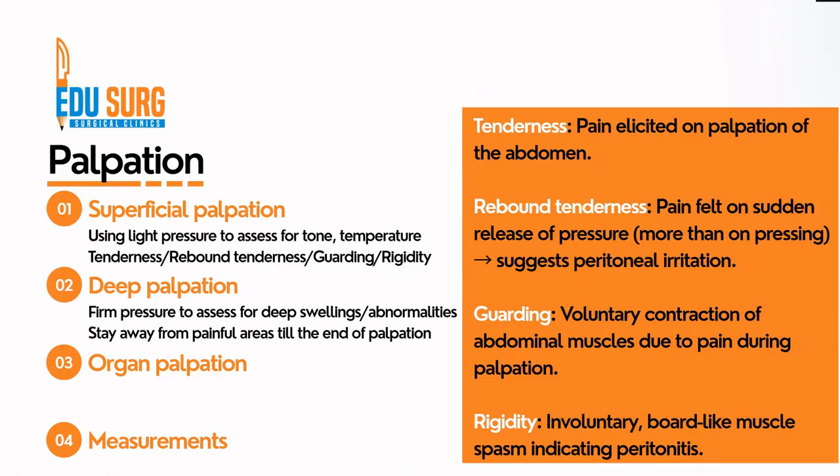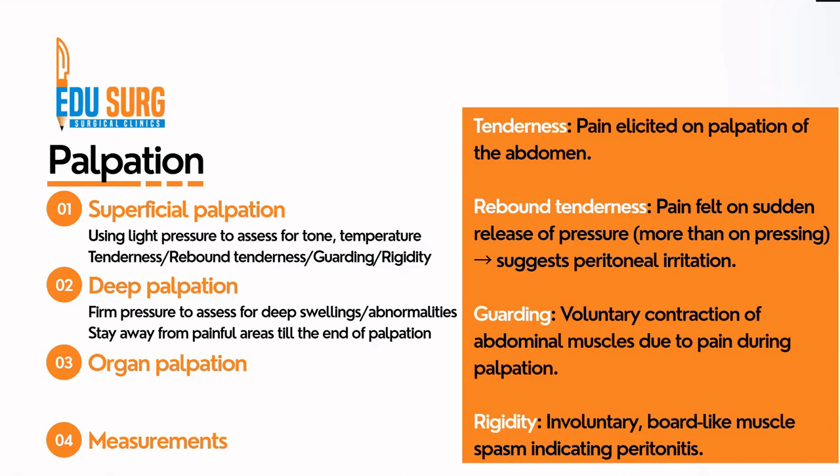Guarding is voluntary contraction of abdominal muscles due to pain, whereas rigidity is an involuntary board-like muscle spasm, and this is important because it indicates peritonitis. So rebound tenderness and rigidity, peritonitis; guarding is voluntary. You can remove guarding by talking to the patient and providing comfort.